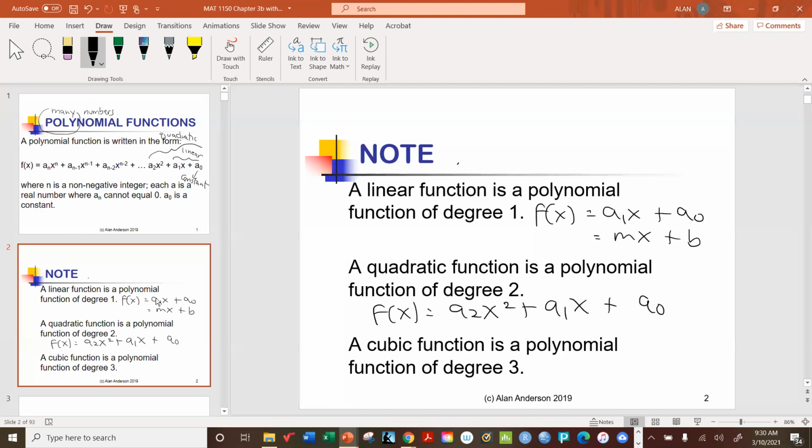And of course, what you could do is simply rewrite this as ax squared plus bx plus c, which is what we frequently have done. But of course, it means the same thing. And then the cubic equation has a term with x cubed in it.